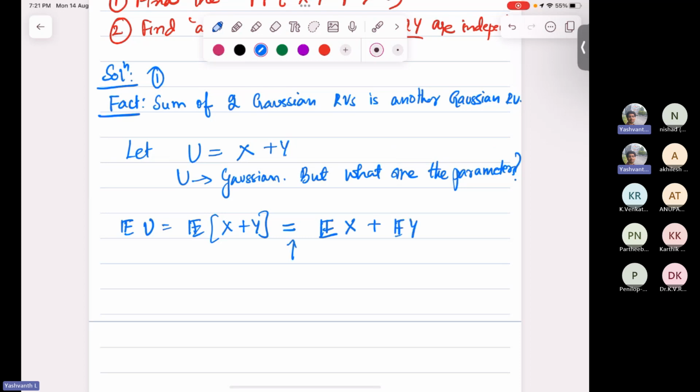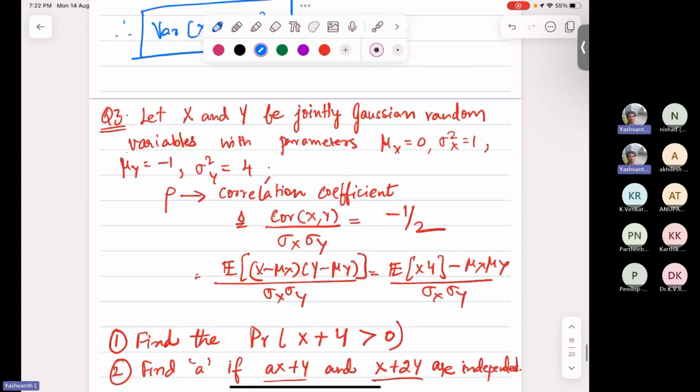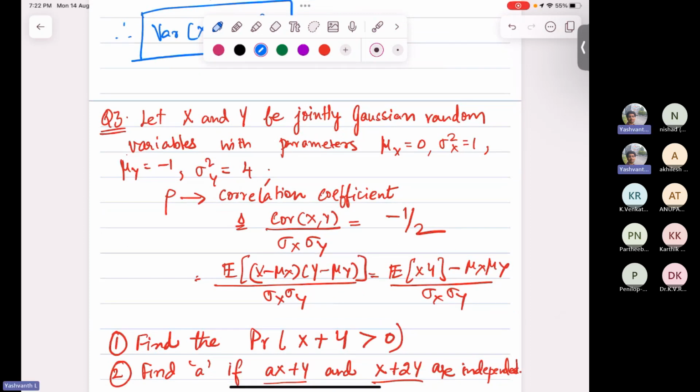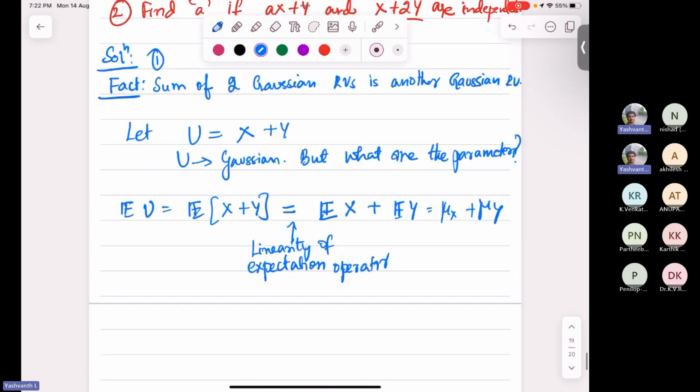This is called linearity of the expectation operator. I know expectation of x is mu x, and expectation of y is mu y. So what are mu x and mu y? 0 and -1. So expectation of u is equal to -1.